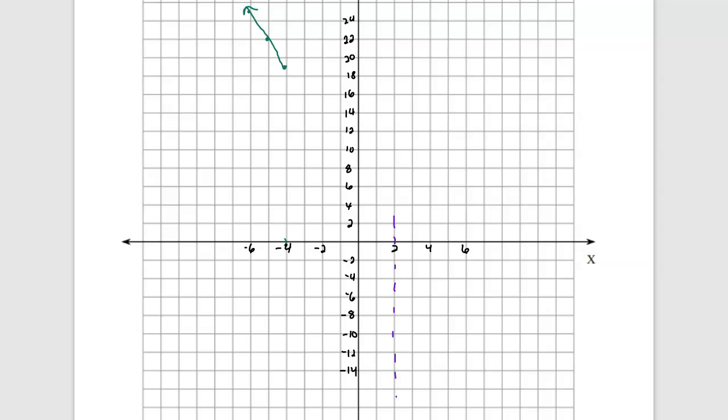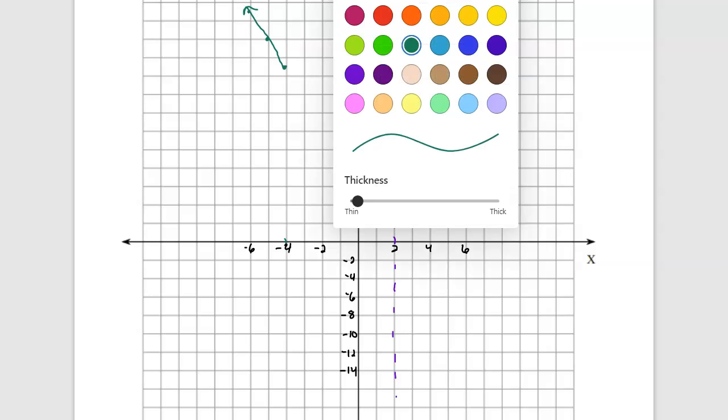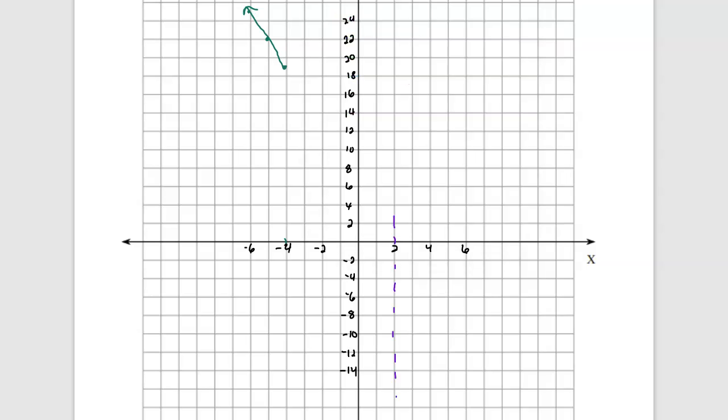Then my purple line is going to be an open circle at -4, -14. And then at -1, I'm at 1. At 0, I'm at +2. At 1, I apologize.